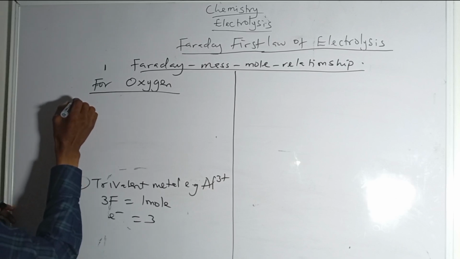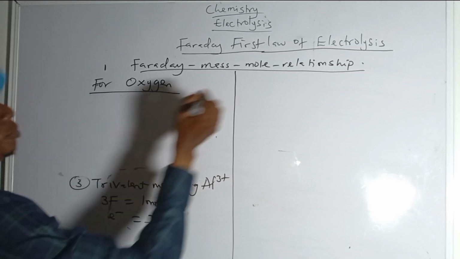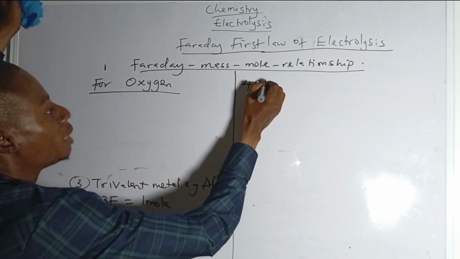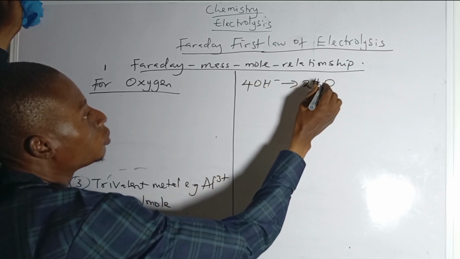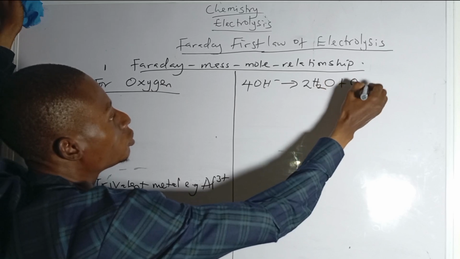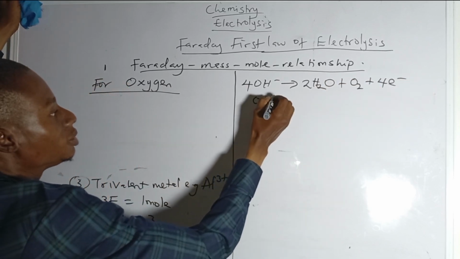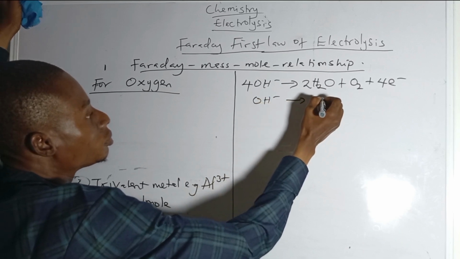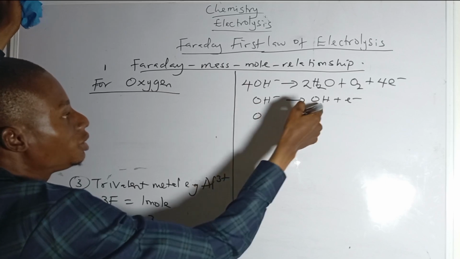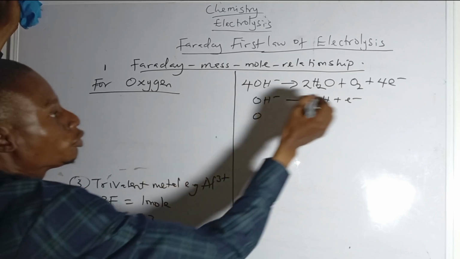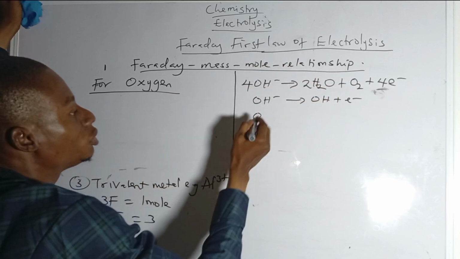So we can remember 4OH minus gives us 2H2O plus O2 plus 4e minus. When OH minus is discharged, it gives us OH plus e minus. Then this OH is unstable. I'm just showing how everything is gotten.